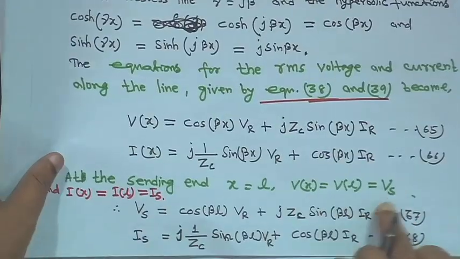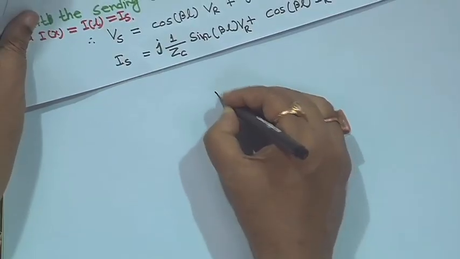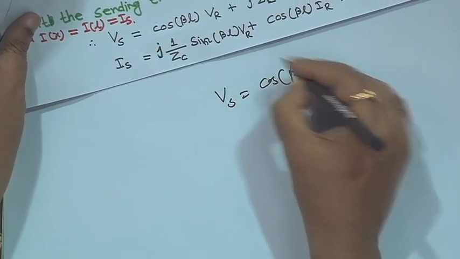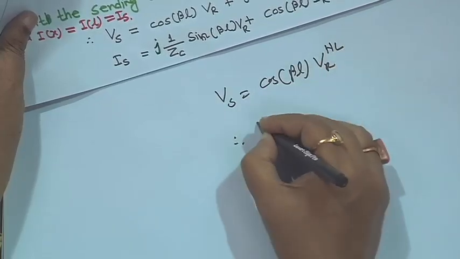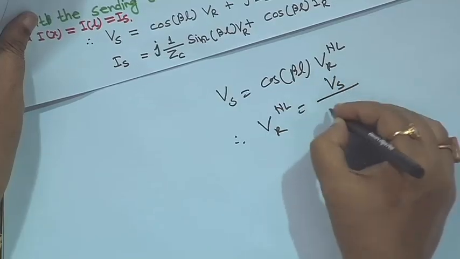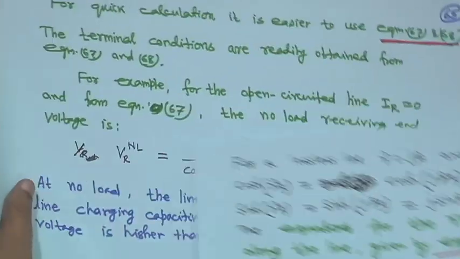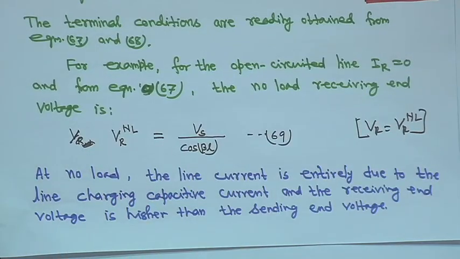Therefore, equation 67 will become V s is equal to cosine beta L times V r no load, because I r is 0. Therefore, V r N L is equal to V s by cosine beta L, right. That is equation 69.